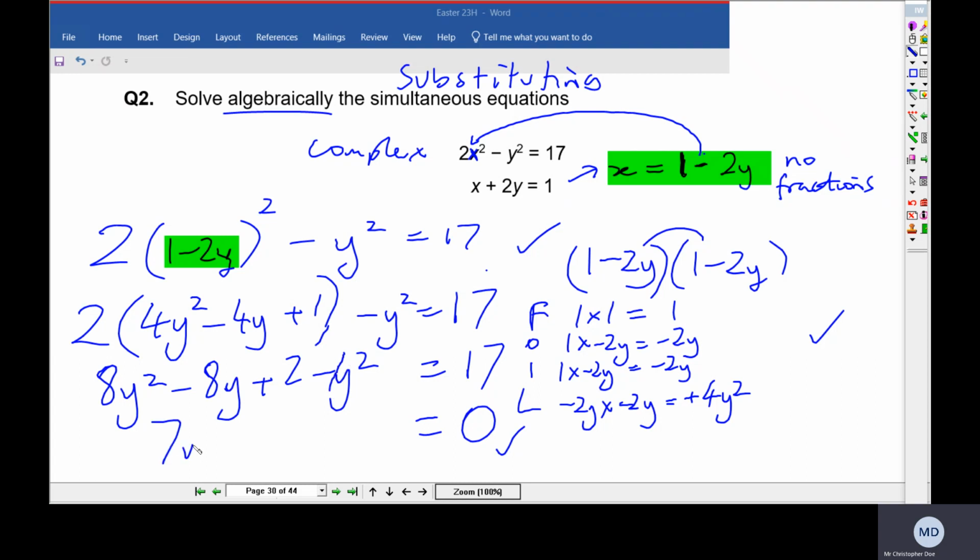Yeah, I've got 7y squared. I've got minus 8y. And finally, I've got a plus 2, but I'm going to take away 17 while I'm doing it, because I'm running out of space. What should I write there, Charlene? What's my number? I want a 0 there.